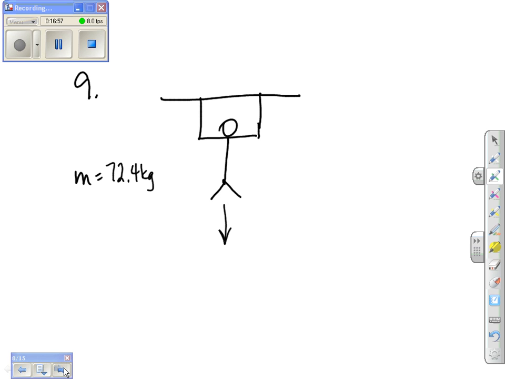So her mg pulling down should be 724 newtons because we took gravity, 10 meters per second squared, and multiplied with 72.4. What's the tension in each one? Okay, as she hangs in place.